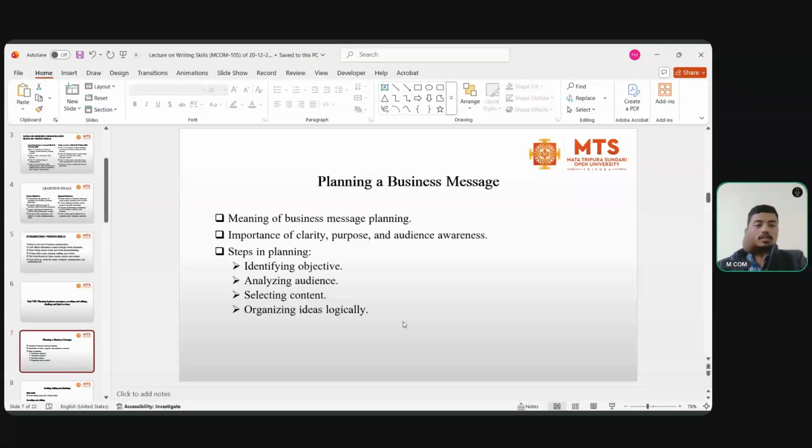The third step is selecting the content, which is very important. Choose only relevant information. Do not include unnecessary details.